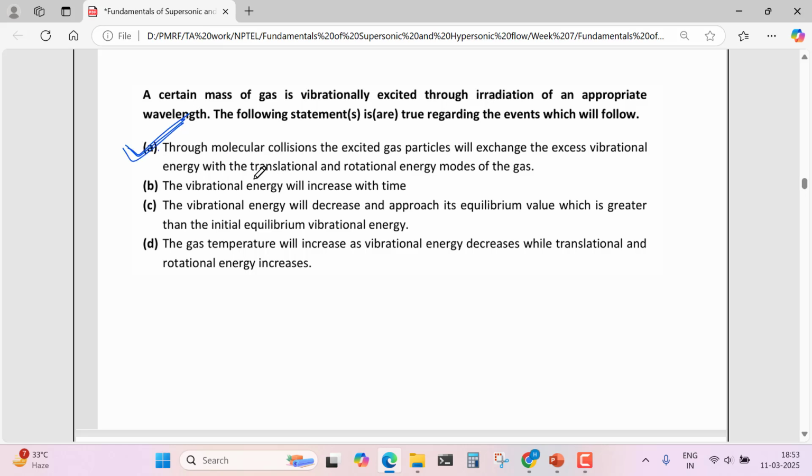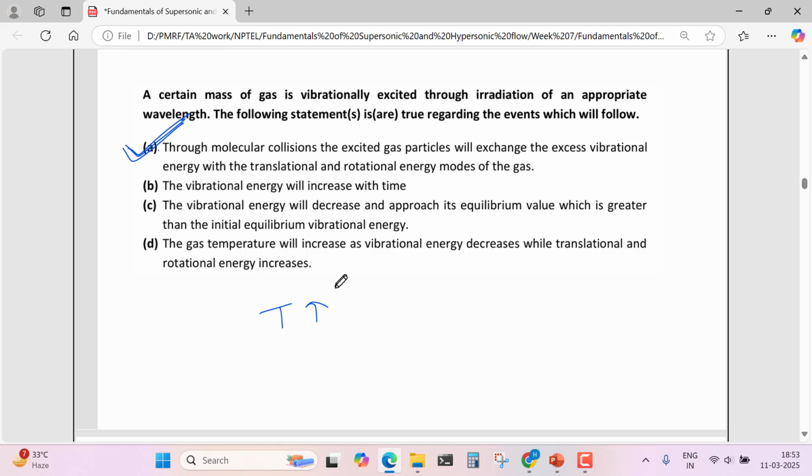Now some energy of the gas is transferred to the translational and rotational energy modes of the gas. It will increase the translational energy and rotational energy. The temperature is mainly given by translational energy, it is proportional to translational energy only. So if translational energy increases, it means temperature increases.